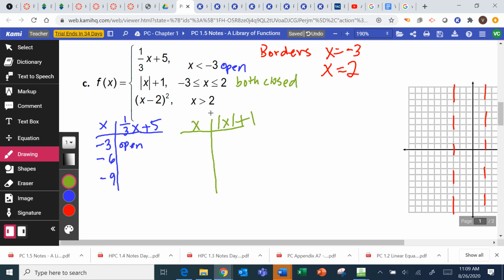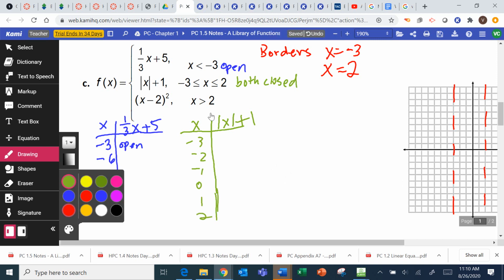Will you just list values for me? Yeah. Might as well throw them all in there. And then my third one.